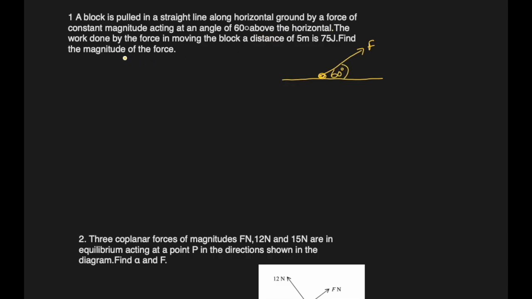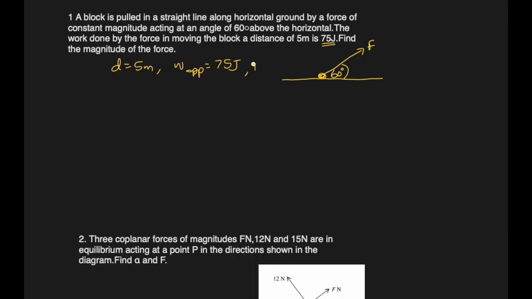The work done by the force in moving the block a distance of 5 meters is 75 joules. So distance is 5 meters and work done by the applied force is 75 joules. Find the magnitude of the force.